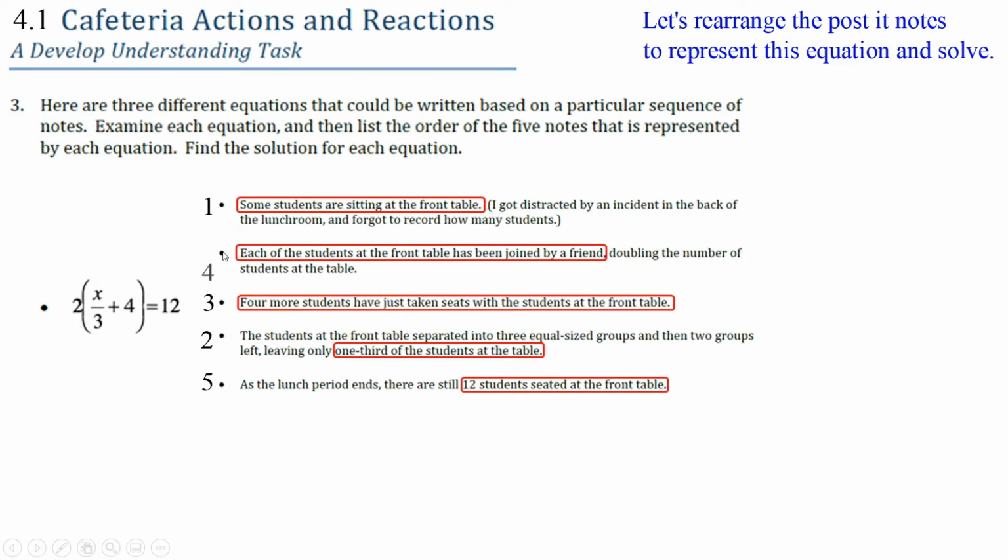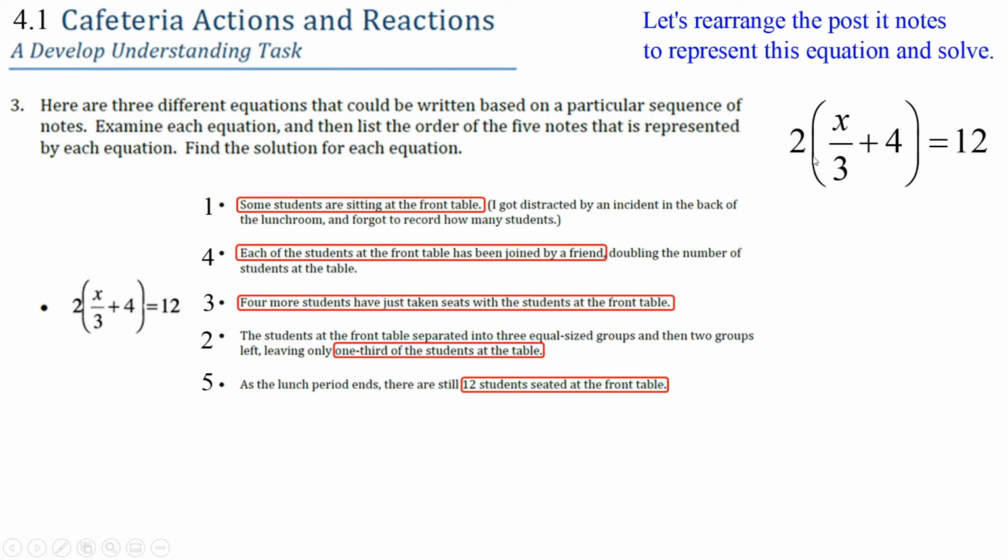That's 4. All right. Now let's solve this equation for x to see how many students began at the front table. So here first, if we're going to isolate this x, we had better undo. See how we're multiplying the quantity that has the x in it by 2? How about if we divide both sides by 2 first?